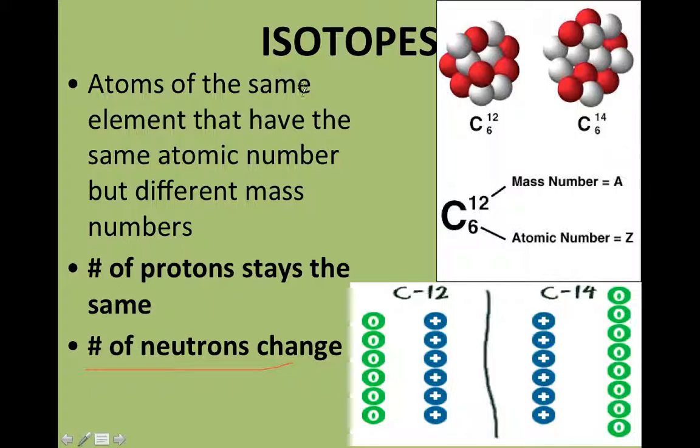But in order to create an isotope, you're basically either adding mass or taking mass away, and the biggest way to do that is through your neutrons. And here you can see with the carbon-12 versus carbon-14 diagram, we have 6 neutrons here, but on the carbon-14, you actually have 8. You're adding 2 more in there, okay?